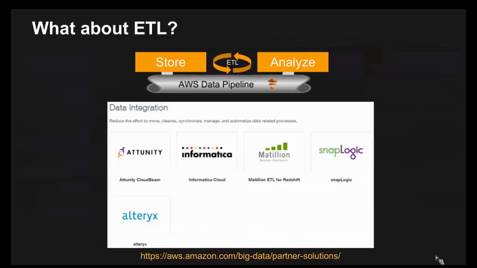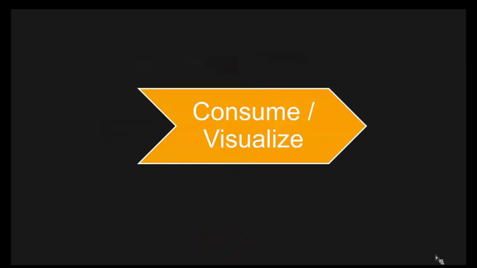This is just a subset of the partners that we have. These systems work very well and have been around for a long time. So in terms of ETL, looking at partner solutions in addition to Data Pipeline will allow you to pick the right solution.